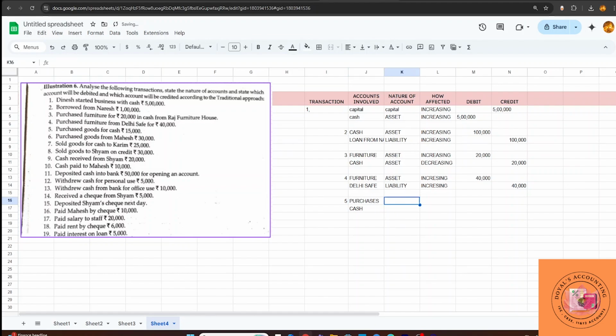Purchases is an expense and cash is an asset. So now that we are purchasing, our expense is increasing and asset is decreasing, because cash is going out to buy that particular good.